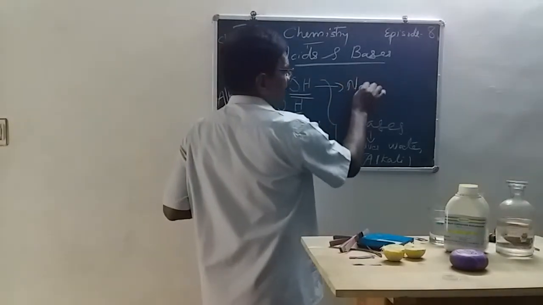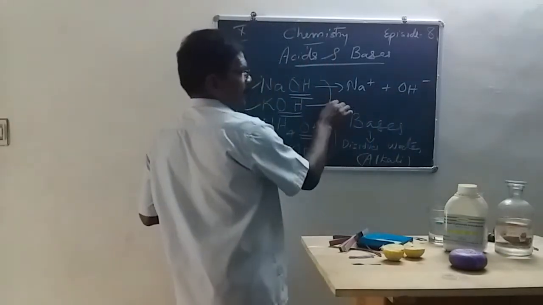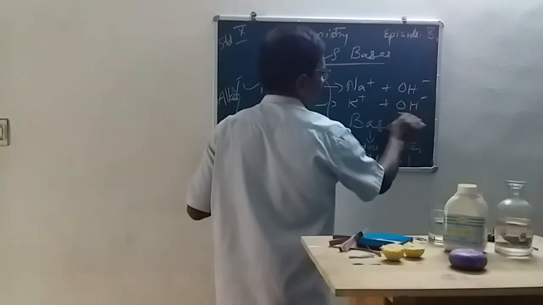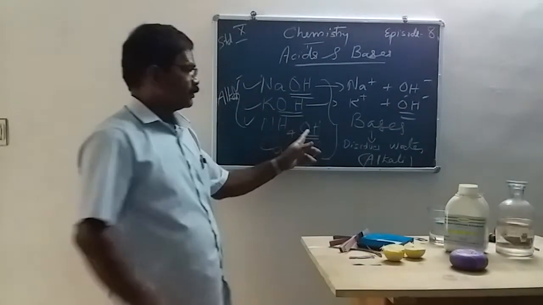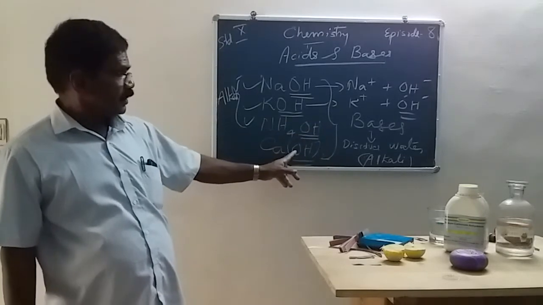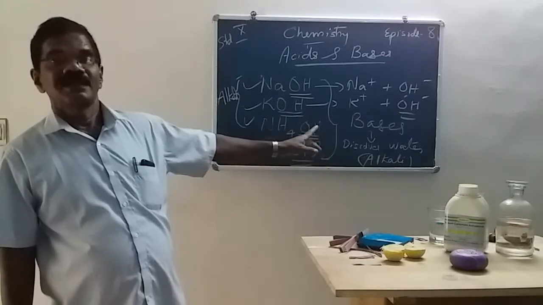NaOH gives Na positive plus OH negative. KOH gives K positive plus OH negative. NH4OH gives NH4 positive plus OH negative. Ca(OH)2 gives Ca 2 positive plus 2 OH negative.